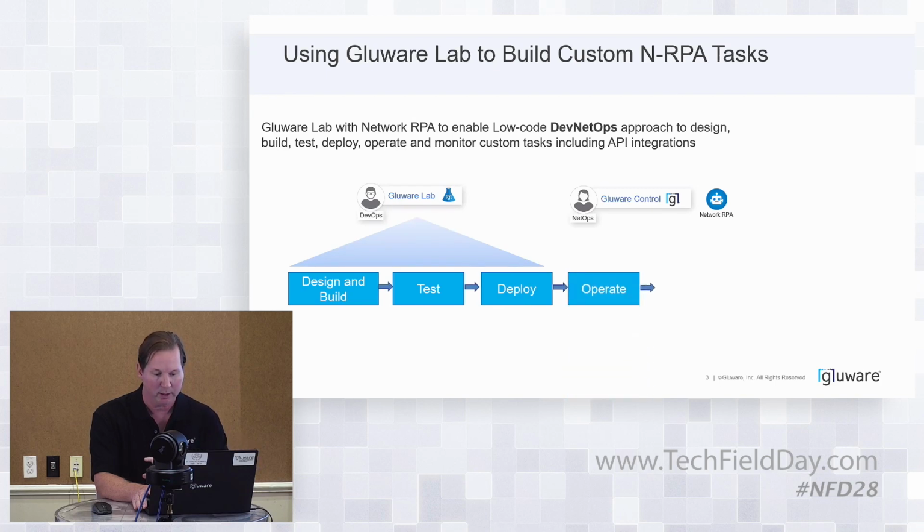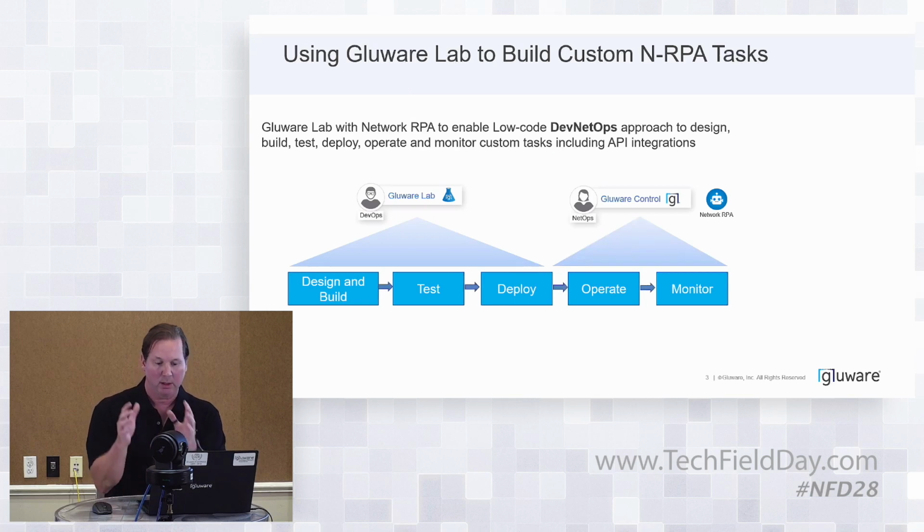But once you deploy it, you're then operating and monitoring it on the Gluware Control side. And if you're a Network RPA user over there, because you now have it as a drag and drop element, you could be doing the build, test, design in there. So we're interweaving these a little bit, but I think this is important because it really talks to the culture of your organization.